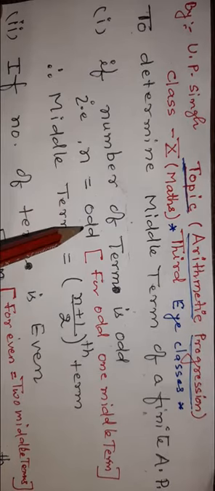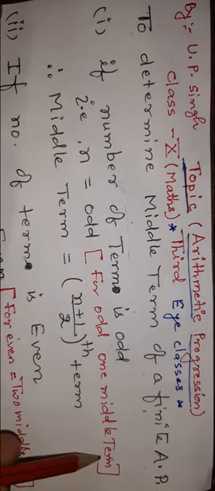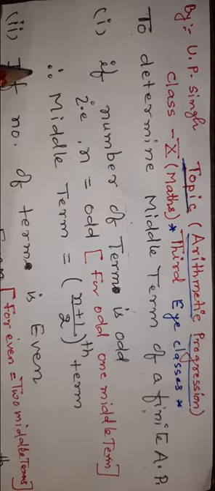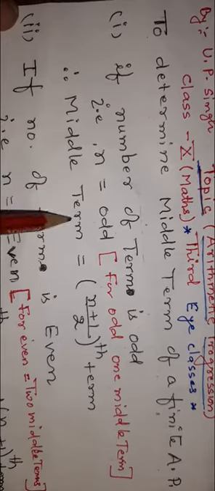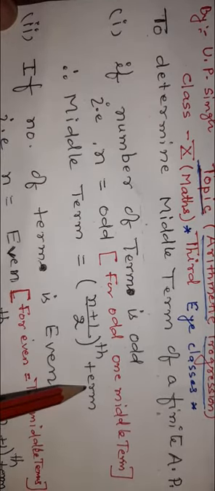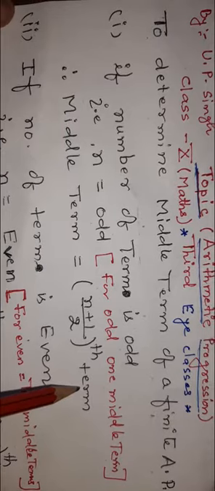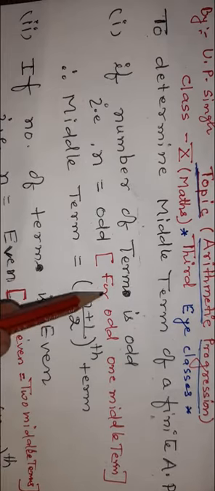If n is equal to odd, then we can find only one middle term. Here the formula for finding the middle term is equal to (n plus 1) by 2th term. If n is odd, then we will apply this formula.